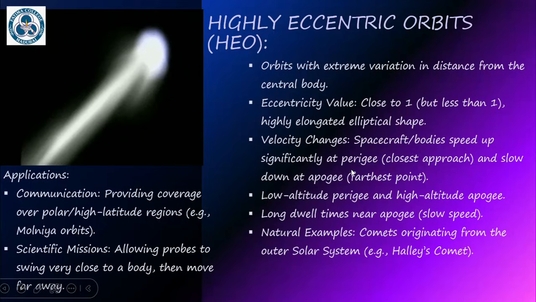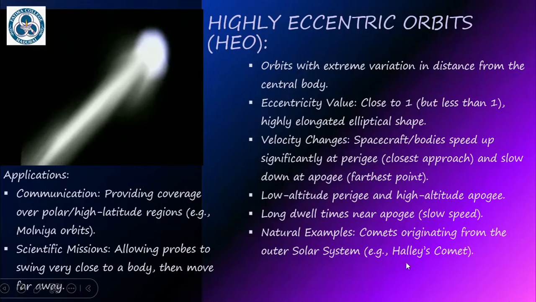A key benefit is the long dwell time near apogee. That means the satellite can hang over high latitude regions for longer durations, which is useful for communications in polar or high latitude areas. The slide mentions Molniya orbits as an application. And in nature, many comets, such as Halley's comet, follow highly eccentric paths.